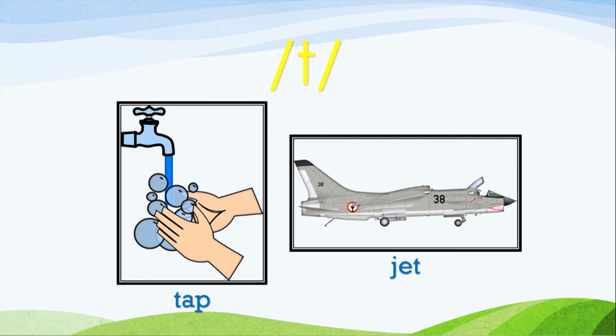Here's our second picture. It's a picture of a jet. Which of these words do we hear the T sound? I'm waiting. The T sound is at the beginning of the word tap. Good job, boys and girls.